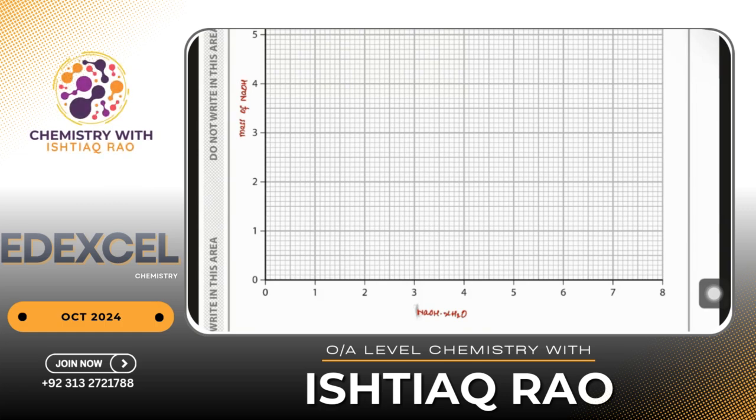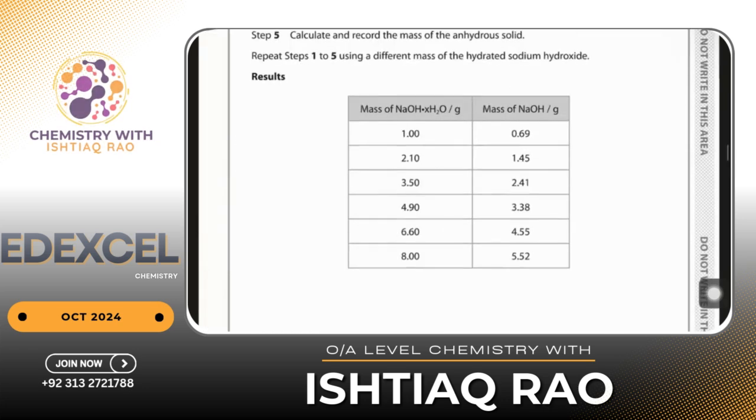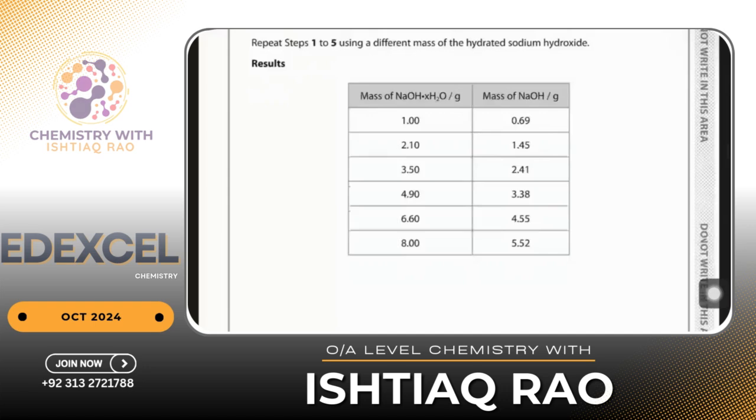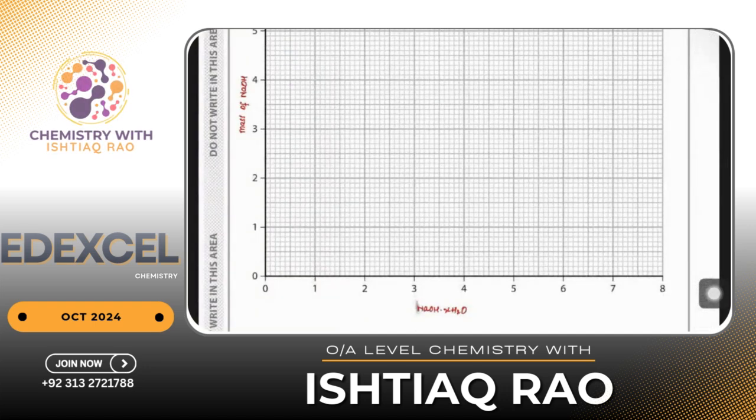At 1, it's 0.69. The 0.69 would be here, between 0.6 and 0.7.